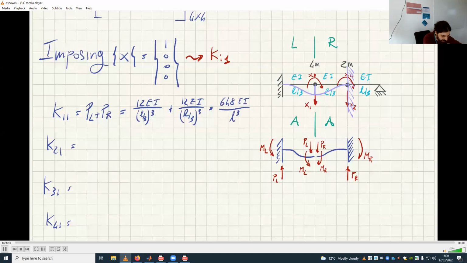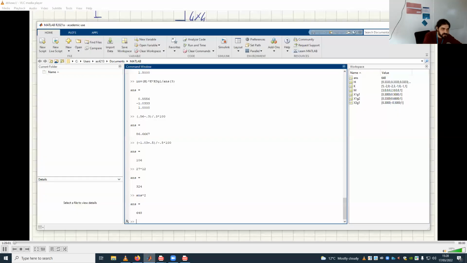Let's look at K21. K21 is the second degree of freedom, which is this one. So this one is minus PR. Minus because X2 is down, PR is up. So they are against each other. So this is minus PR. And this is 12 times 27. How much was that? 324.